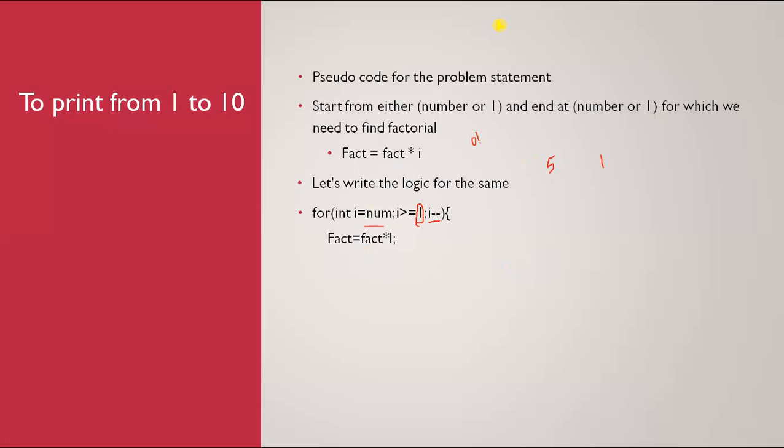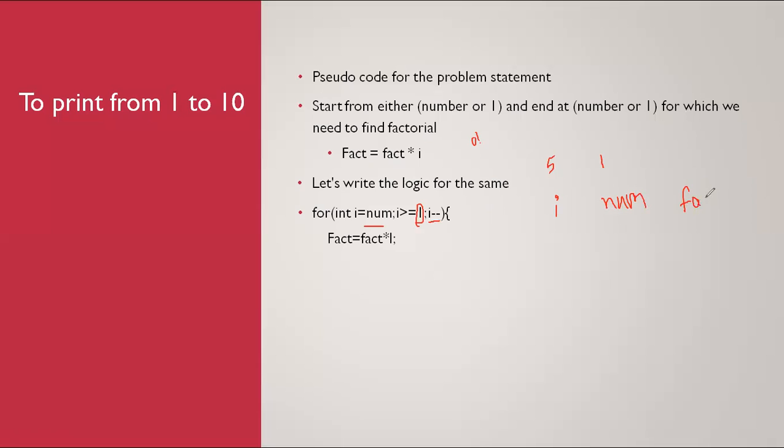Okay, so let's see how it can be done. We have used a variable I and we have used a number, and there is something called fact.